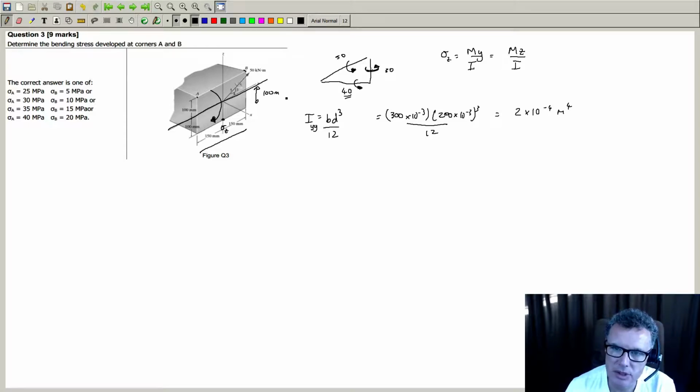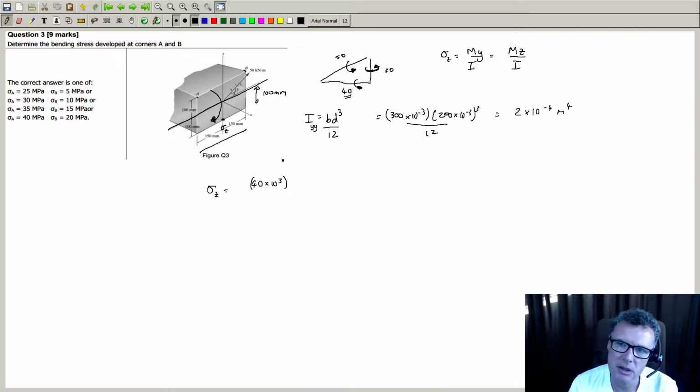So that's going to be my Z. So the stress along the Z-axis, the maximum amount of stress will be plus or minus the M, which will be 40, and that is kilonewtons, so times 10 to the 3.